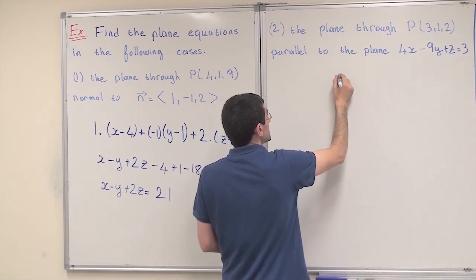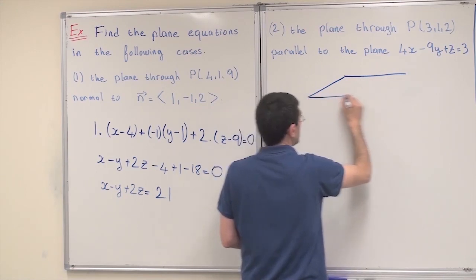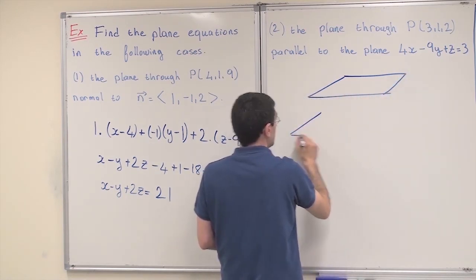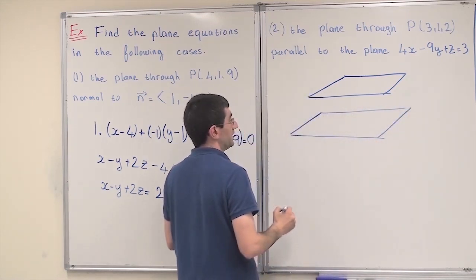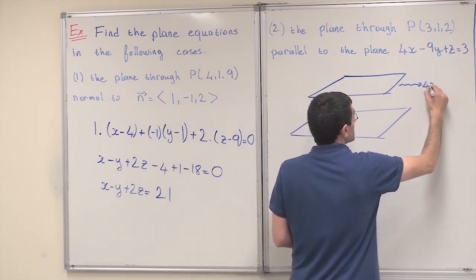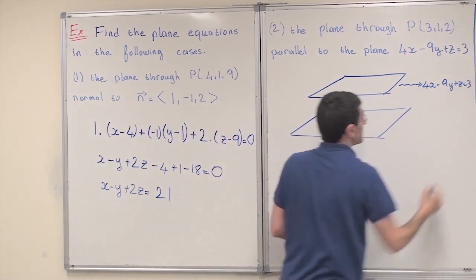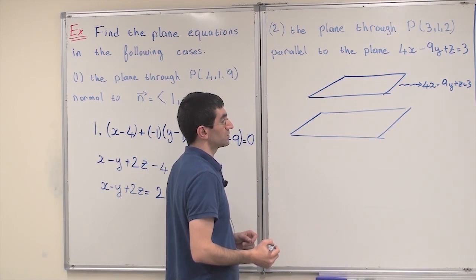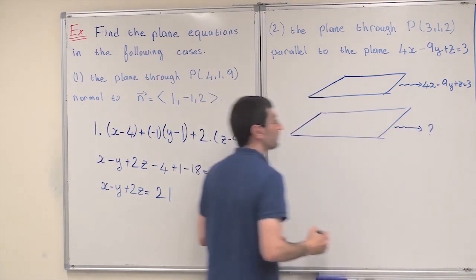So let's say this is one plane, and this is the other plane. This plane's equation is the one given in the question, 4x minus 9y plus z equals 3. And this is the one we are looking for.